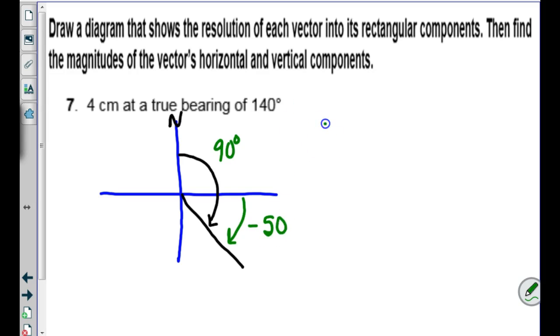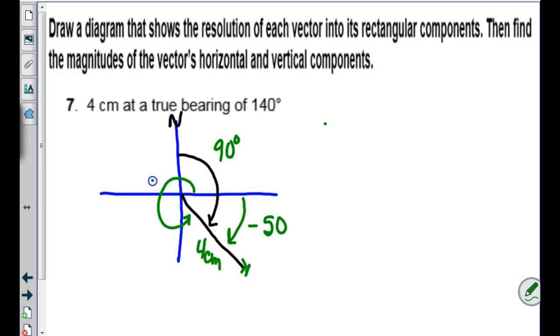So we're going to have 4 centimeters here. Yes. If you did 310, is that what it would be? Positive 310? No, they have to add up to 360, right? So it would be 270 plus this 40 degrees in here, which would be 310.